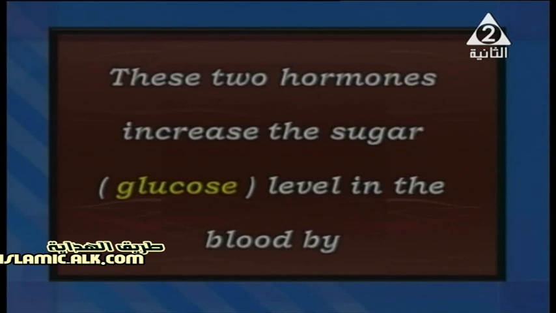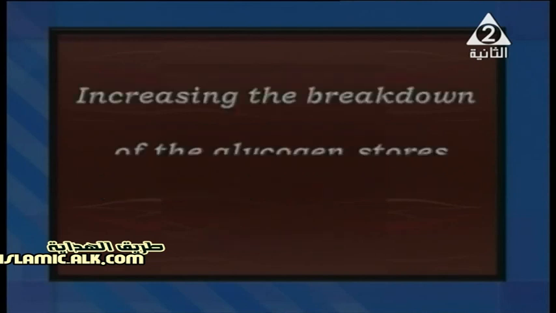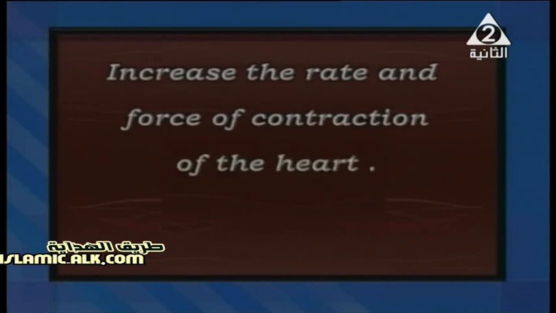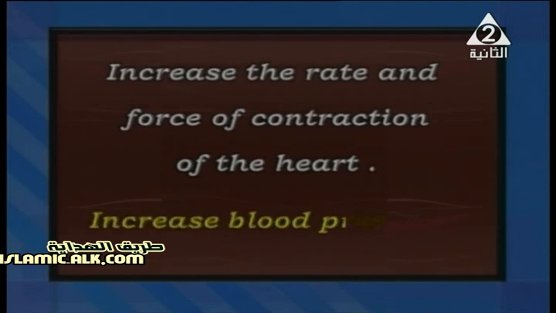Number one, by increasing the breakdown of the glycogen stores of the liver into glucose, and also increasing the rate and force of contraction of the heart, and finally increasing the blood pressure.